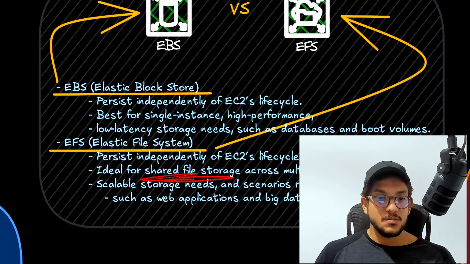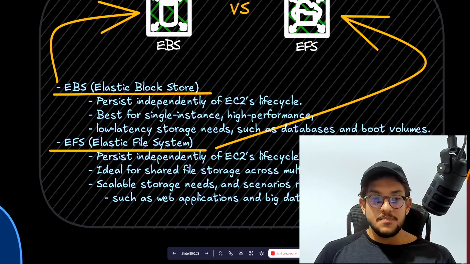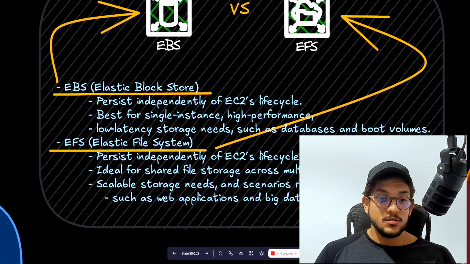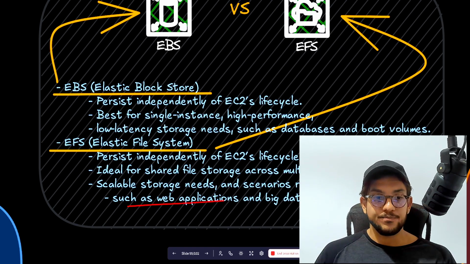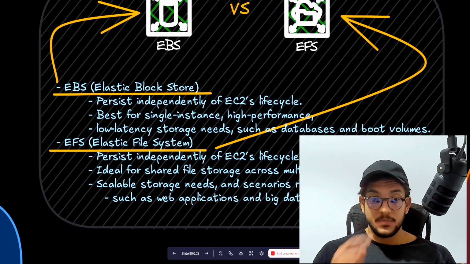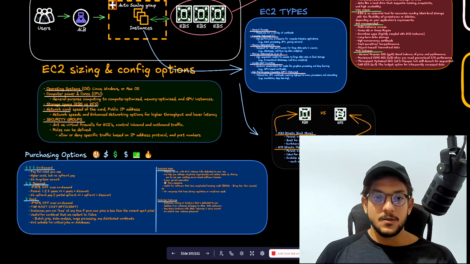It's good for content management systems, shared application files, or data science workloads where multiple servers need the same data. Basically, use EBS for high performance on a single server and use EFS when multiple servers need access to the same file. Now, let's test what you've learned with two real exam level questions.